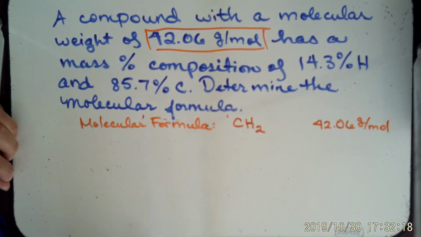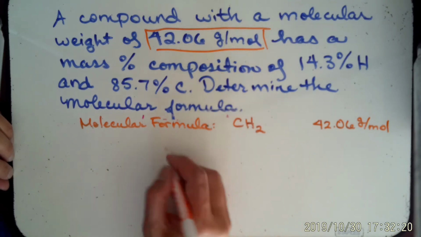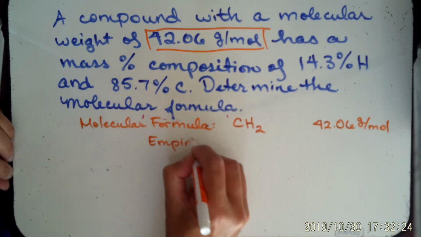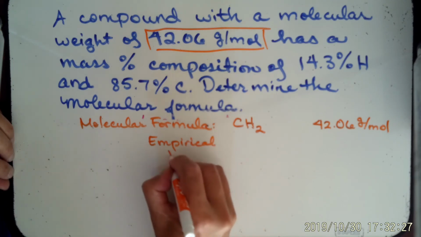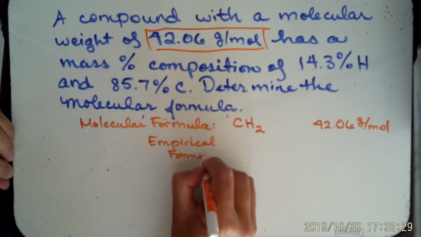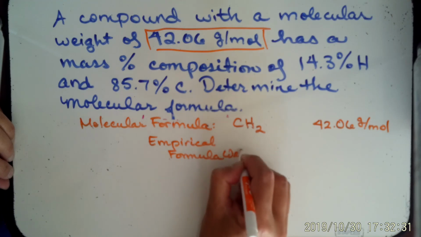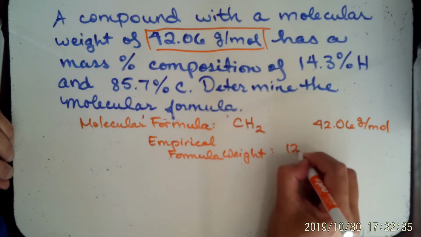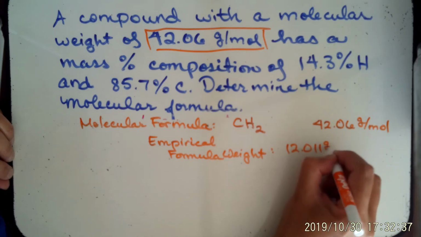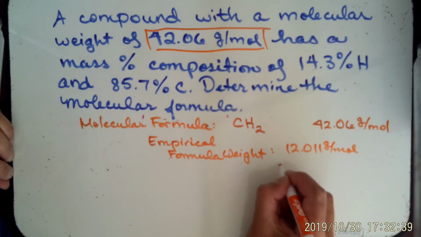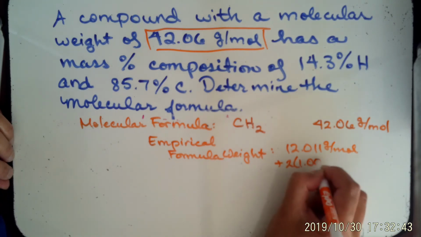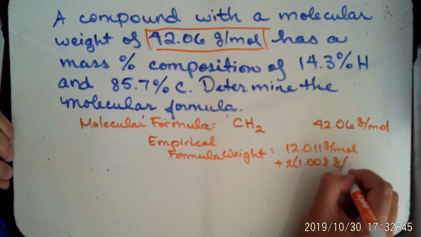Okay, and what we did is we calculated the empirical formula weight. Okay, and that's going to be equal to 12.011 grams per mole plus 2 times 1.008 grams per mole.